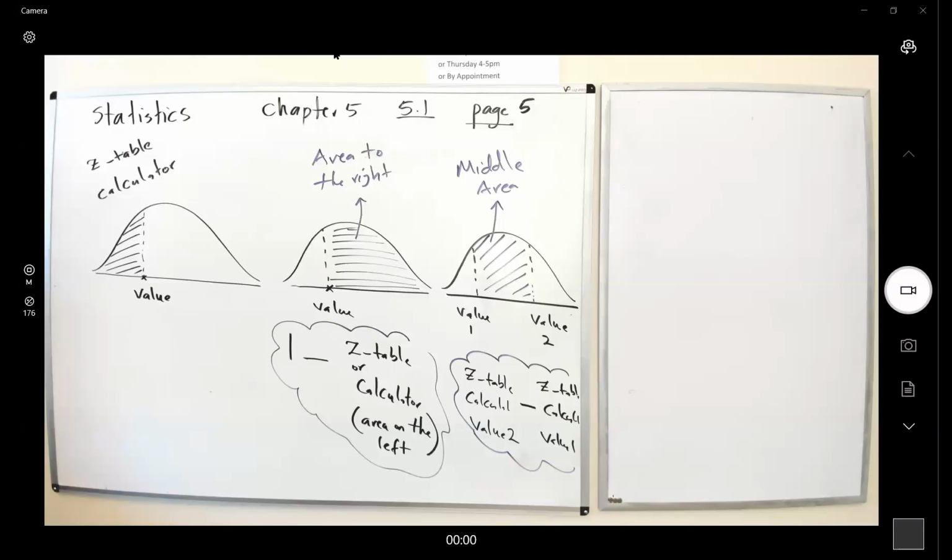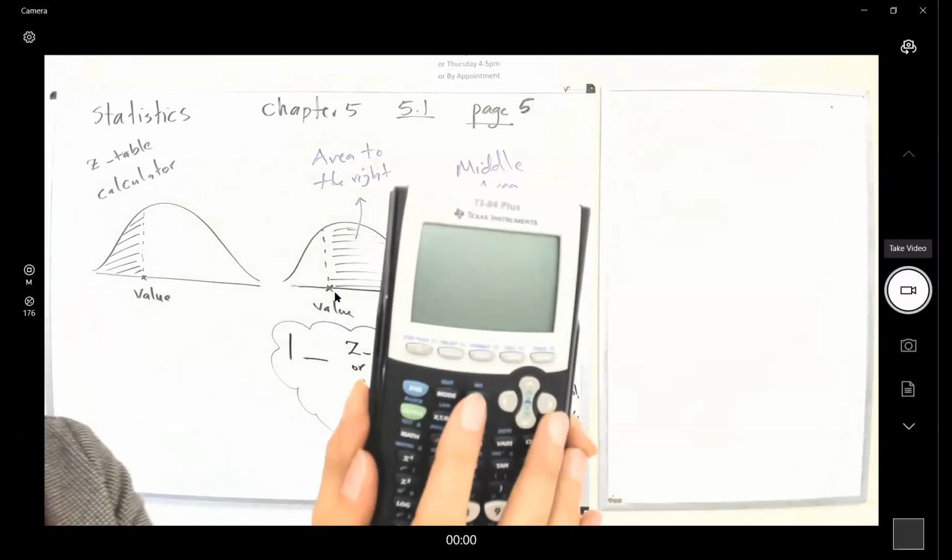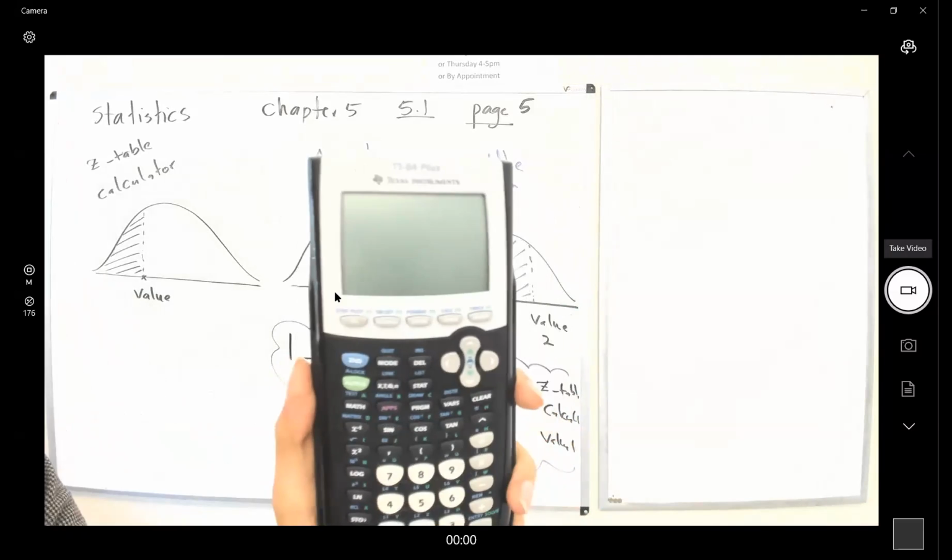Well, let's take a look at some examples here. If the question says find the area to the left-hand side of z, suppose your z is 1.23, you don't have to do any algebra. You just need to look at your z table or use your calculator to find the area. So let me show you. We're going to use our calculator. 1.23 is our z value.